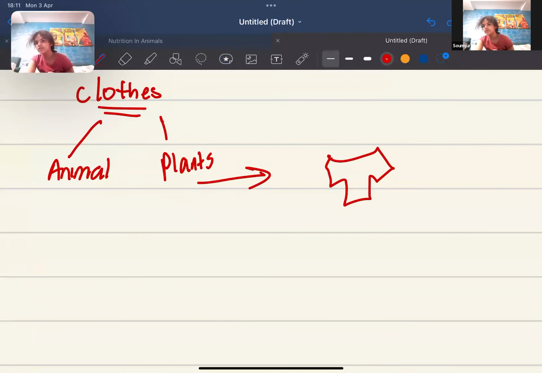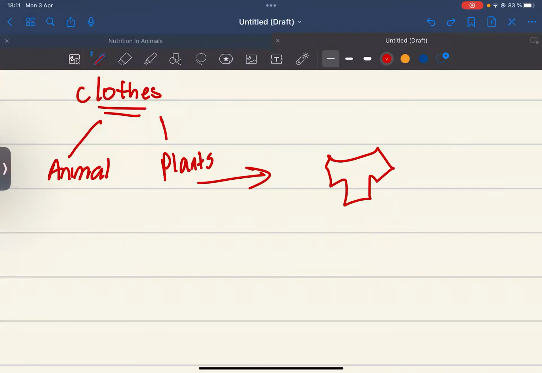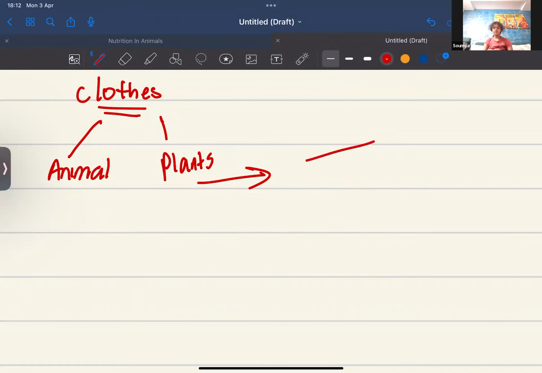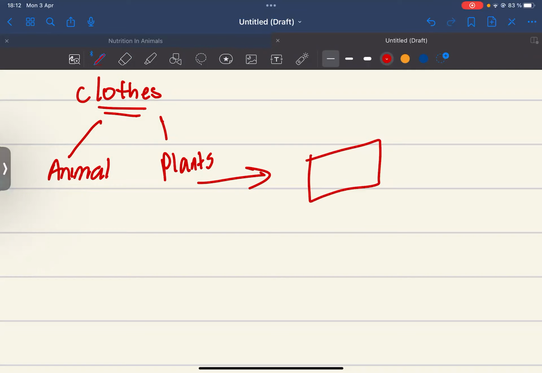Stitching. Okay. Stitching what? Cloth. So you're getting the cloth from the plant directly like this? Yes, ma'am. Okay. So the plants will give you directly a cloth like this.